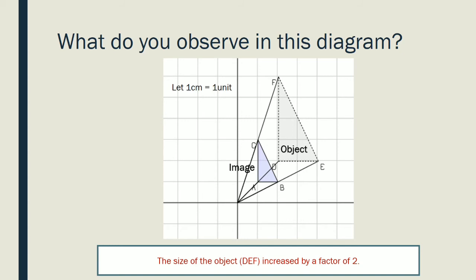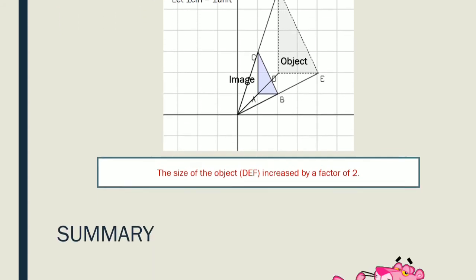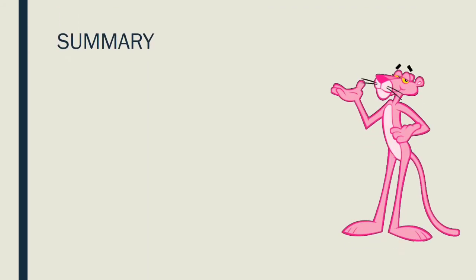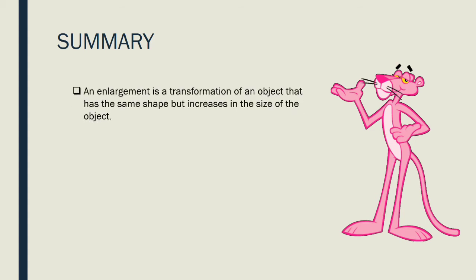Good detective work, everyone. Now, let's list all that we discovered in our investigations. An enlargement is a transformation of an object that has the same shape but increases in size of the object.